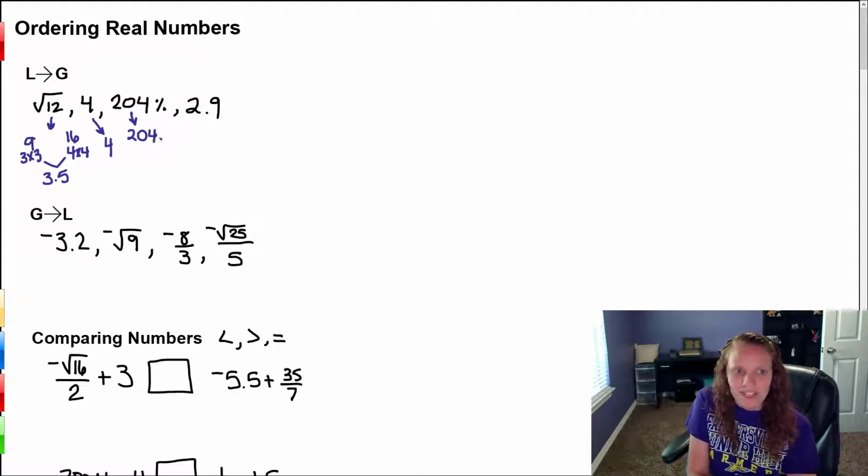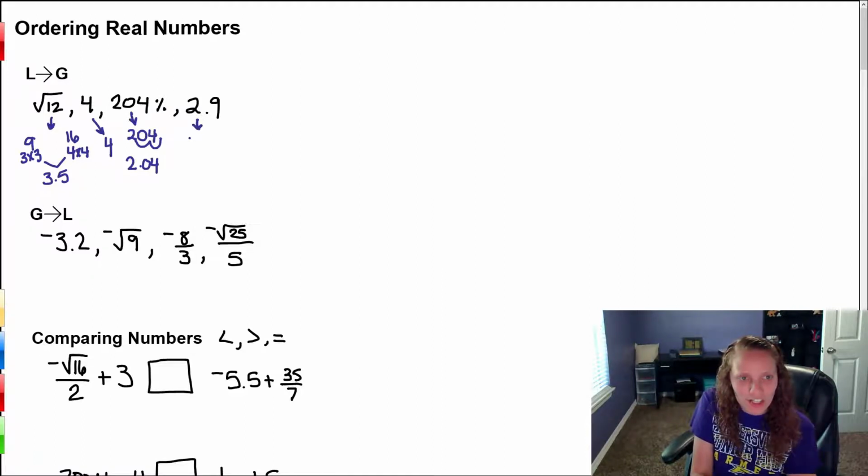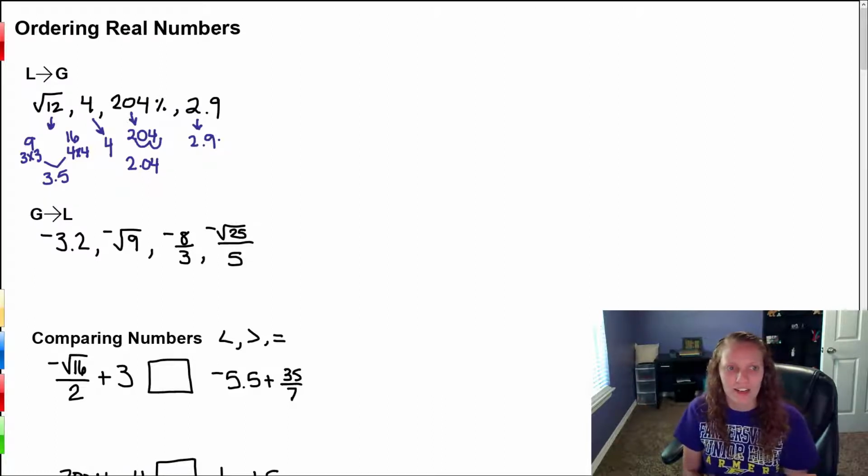With that decimal, we need to move it over twice to the left. 1, 2. And so 204% is the same as 2.04. And then the last number does not need to change. It's already in the decimal format, 2.9.